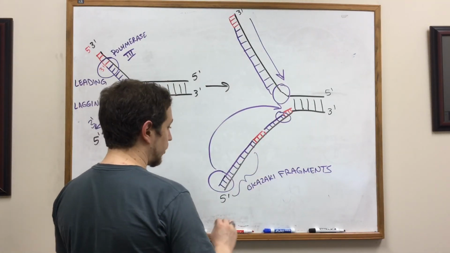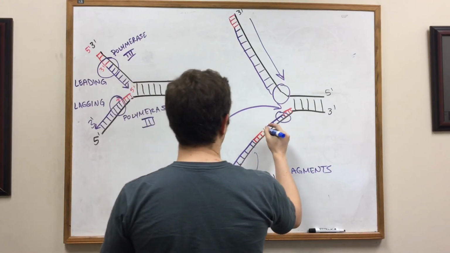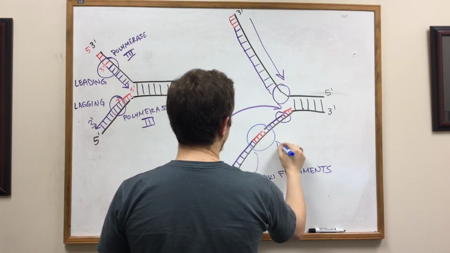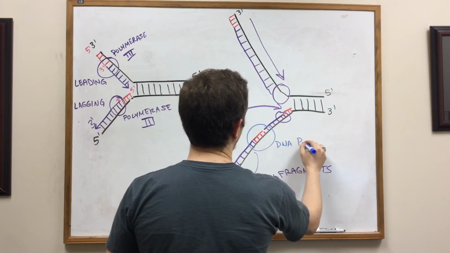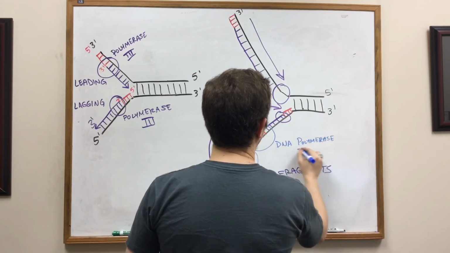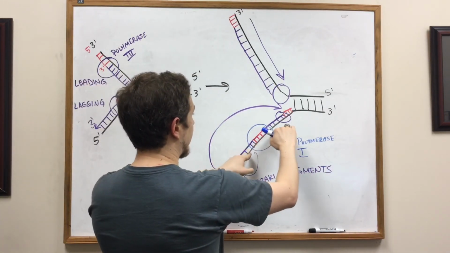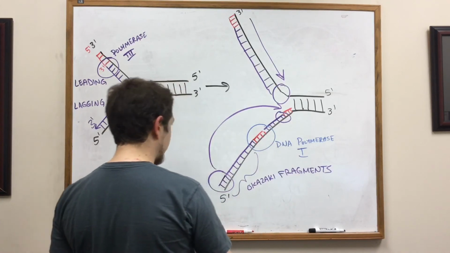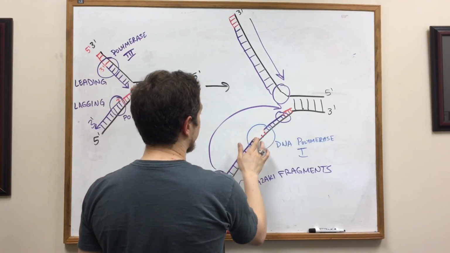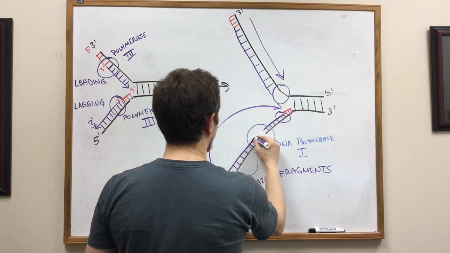So, what's going to happen is there is yet another polymerase enzyme called DNA polymerase 1. DNA polymerase 1 is going to come in anywhere we have RNA sandwiched between two pieces of DNA, and it's going to replace that RNA with DNA.